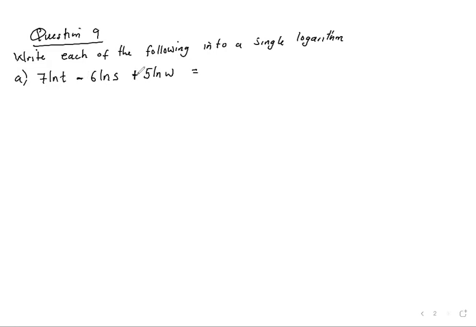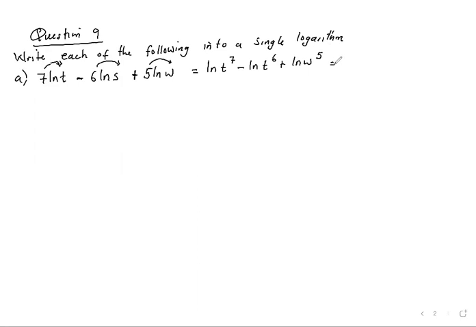If there's addition, you multiply. But you only do that after you've taken back the powers. So here we take back the powers. It becomes ln T power 7 minus ln S power 6, and then plus ln W power 5.